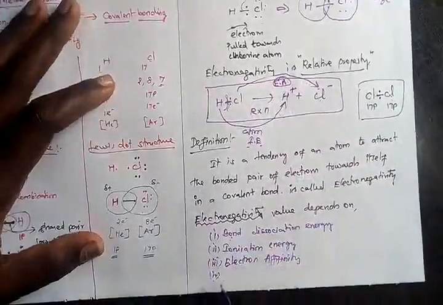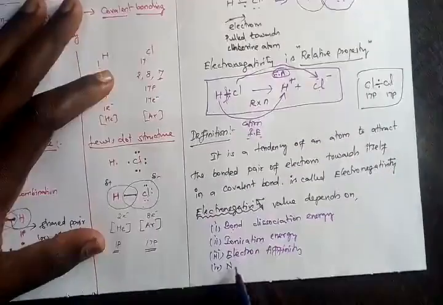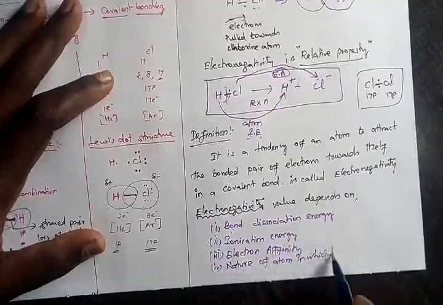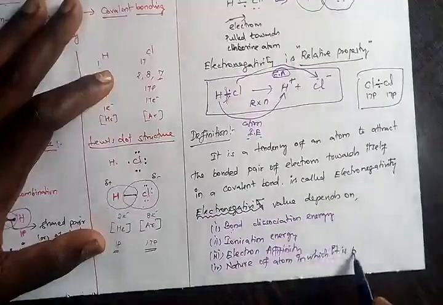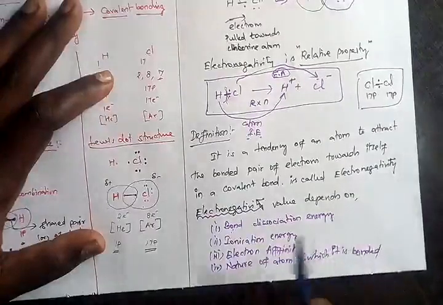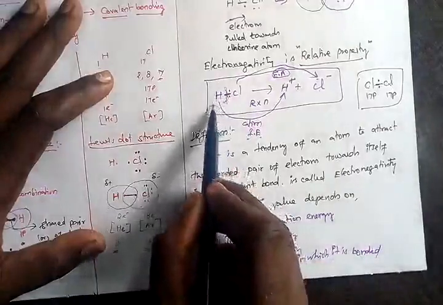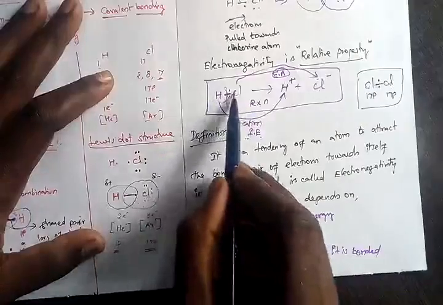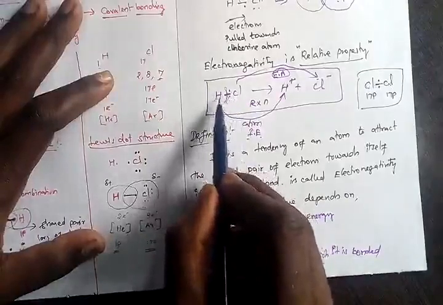And this also depends upon the nature of the atom to which it is bonded. So what is meant by the nature of the atom? What is bonded with the atom? That means here chlorine is bonded with a hydrogen or with one more chlorine.